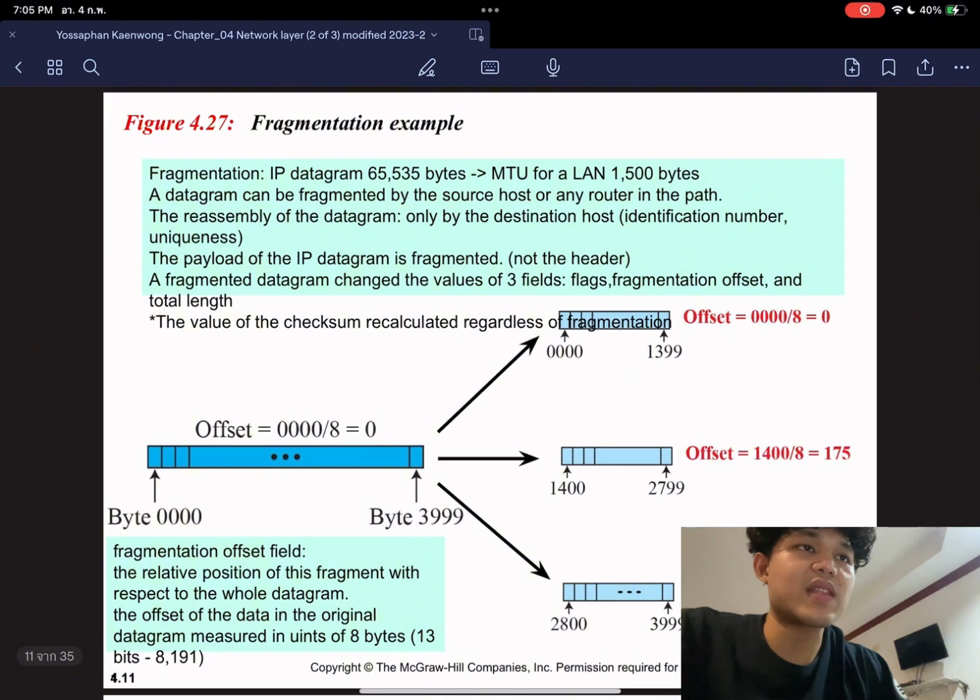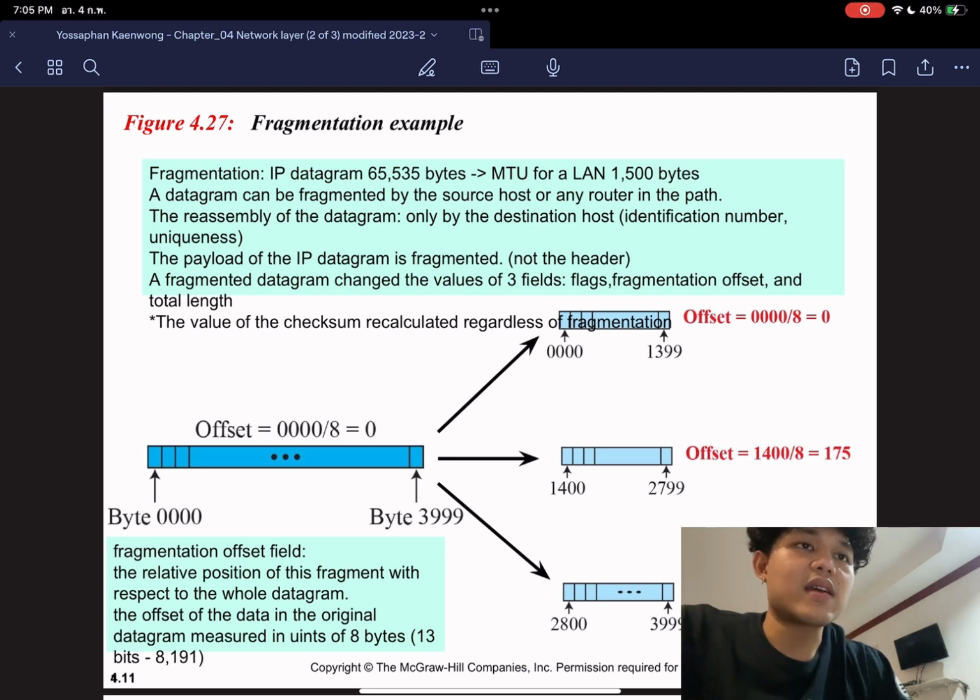This is a fragmentation example. The fragmentation of an IP datagram of 65,535 bytes. So the MTU for LAN is 1,500 bytes. A datagram can be fragmented by the source host or any router in the path.